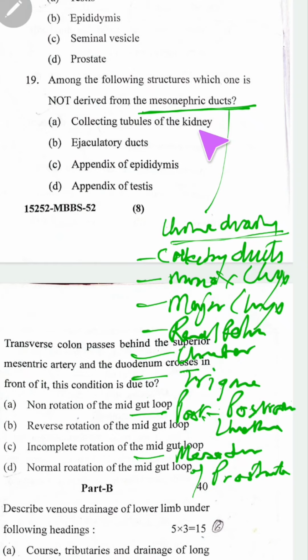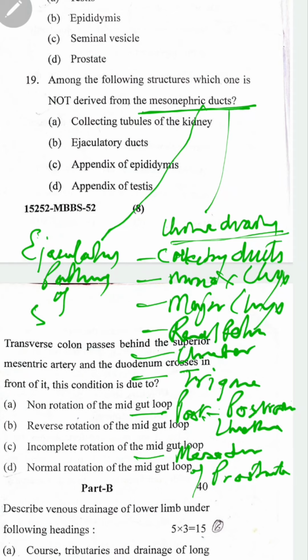Another thing that develops here is the ejaculatory pathway of sperms. It starts from here.